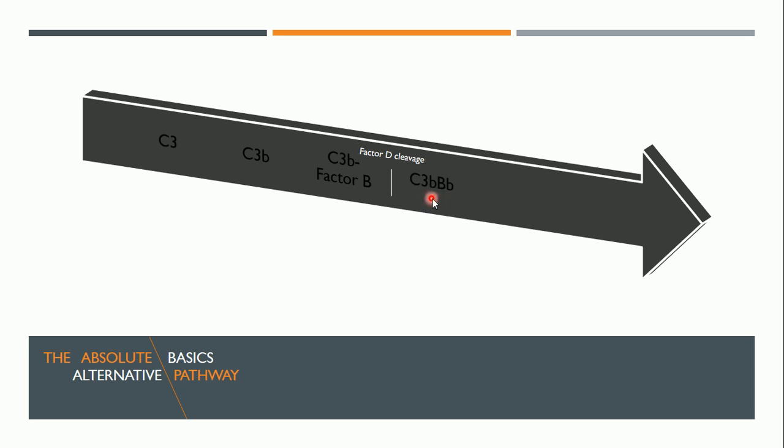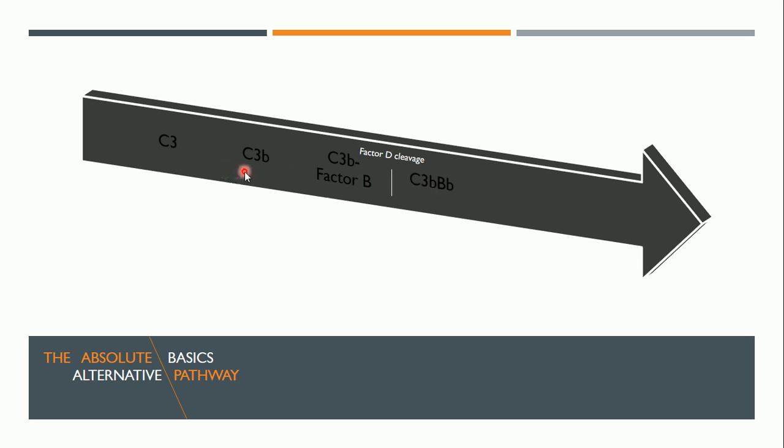From there, C3b, Bb will act as the C3 convertase, and it's going to break down more C3 into C3b. So this C3b, Bb complex forms more of this. The C3b will then go and stick to the cell surface and form more of this, and we'll eventually have more C3 convertases.